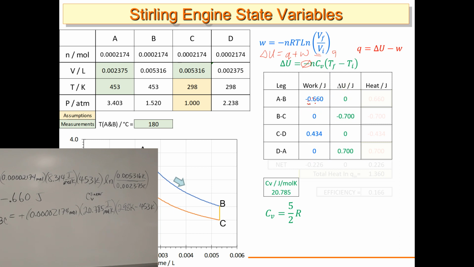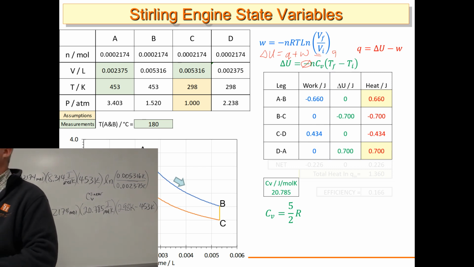So 0 minus a negative 0.66 gives us a positive 0.66. A negative 0.7 minus 0 is still negative 0.7. 0 minus 0.434 is negative 0.434. And then 0.7 minus 0 is 0.7. So those are all of the heat values for each leg.